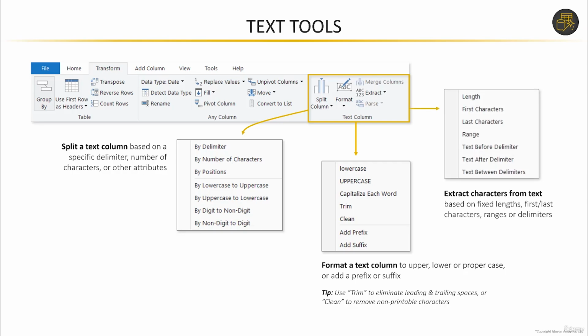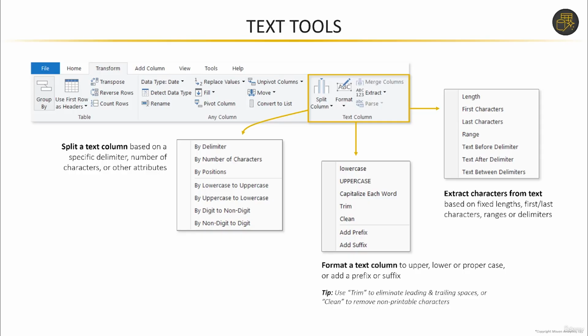We also have some great extract tools. We can extract a certain subset of characters from a string based on a specific length. We can extract the first or last number of characters or a range. But where it gets really interesting is using delimiters, which we've already used as part of our first assignment.